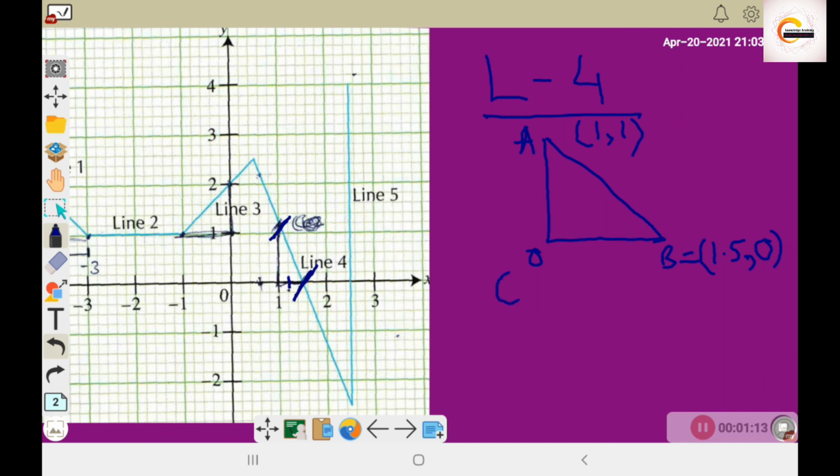The y coordinate will be 0. And of course O is going to be (1, 0). Again, it does not have a y coordinate as well.